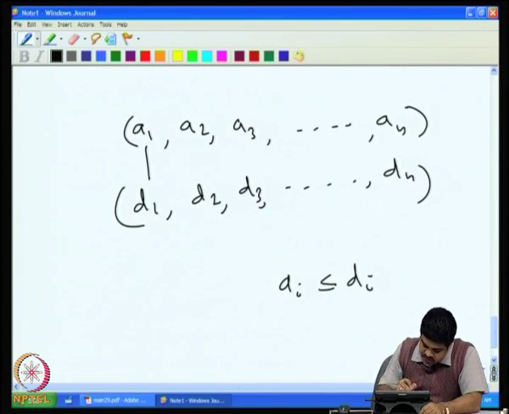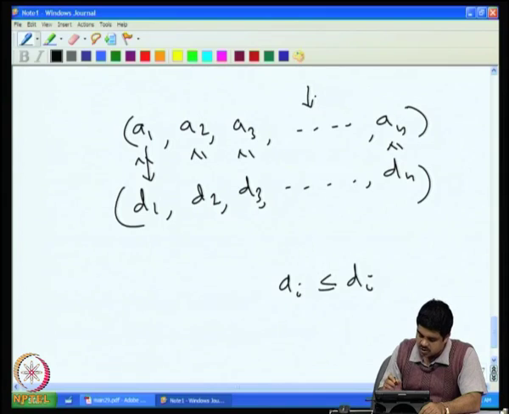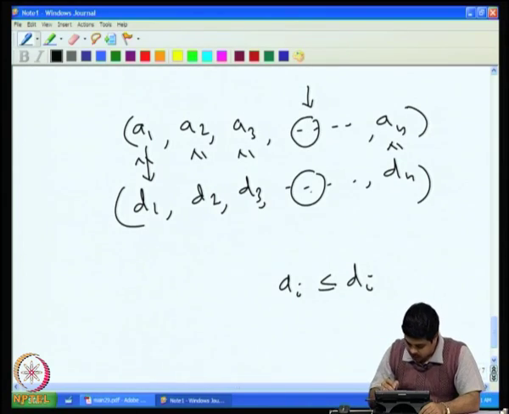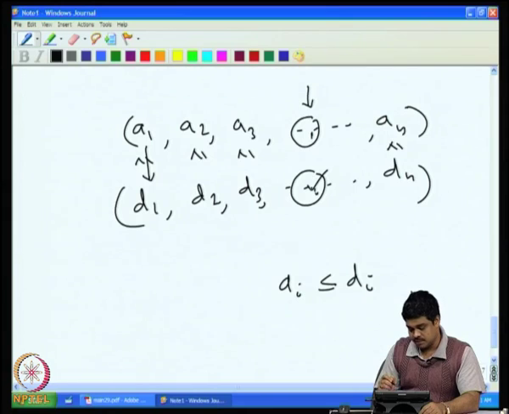In each position, the number here is at least as big as the number here, then it is pointwise greater, right.